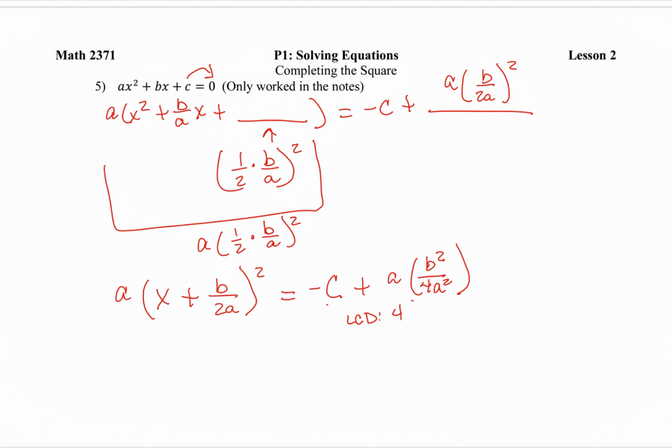Oh, wait. I need to go back a step. Okay, what I need to do is simplify this right here. So I have a times x plus b over 2a squared equals negative c plus b squared over 4a.